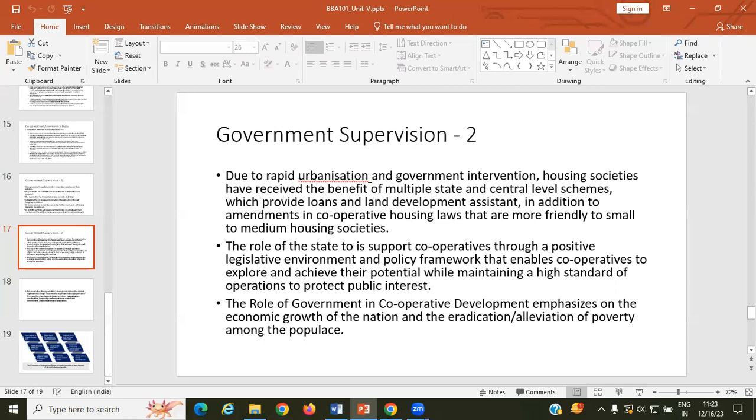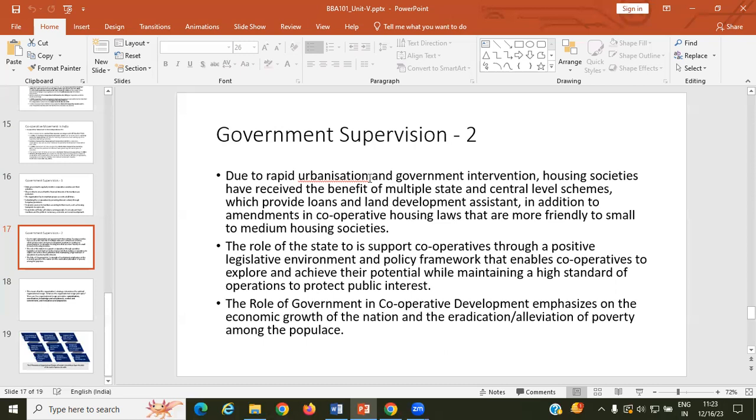The role of state to support cooperatives through a positive legislative environment and policy framework. This is the same point where government is responsible to make the policy, rules, framework, whatever regulation, rules government is building.